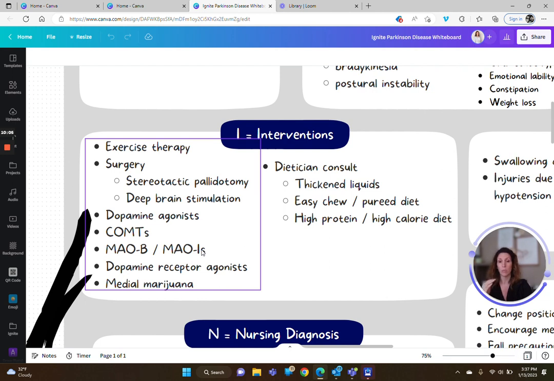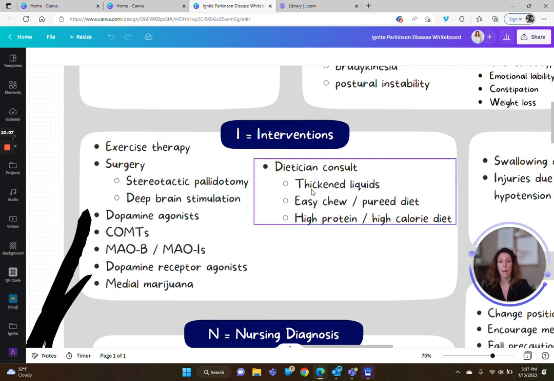And then a lot of times we're trying to get the opinion of our dietitian, or this could also be a speech language pathologist, which is the ancillary staff that works with swallowing.